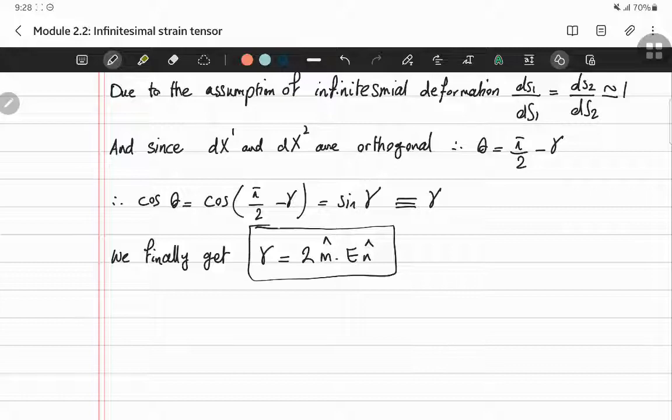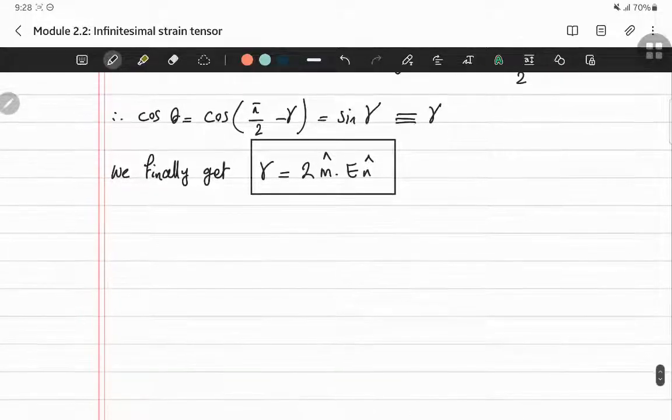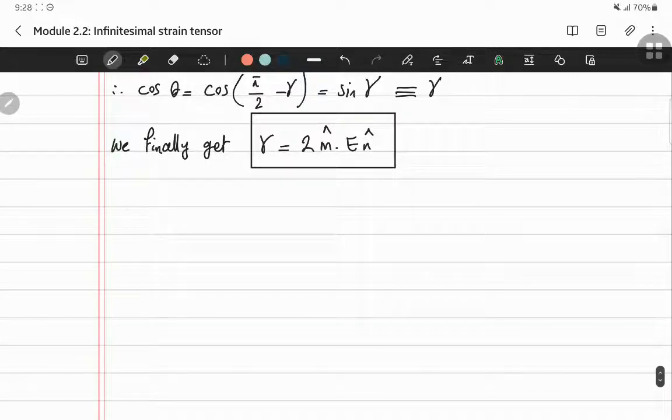So as you see here, we have the angle between the two elements. So gamma gives us the angle between the elements. Therefore, we can say that, for example, if we have m as, for example, 0, 1, 1, oh, sorry, I have to write it in row format.